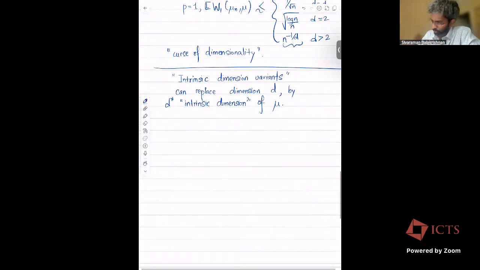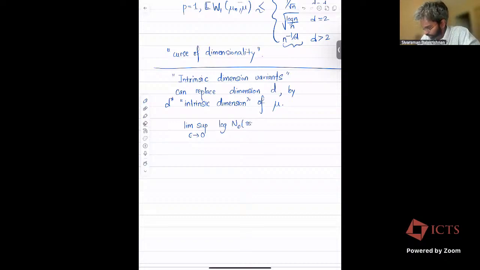If you haven't seen them before, one notion of intrinsic dimension that works here is to take the epsilon covering number of the support of mu. There are even stronger versions of these. You don't have to cover the entire support and so on, but let's just stick to this.